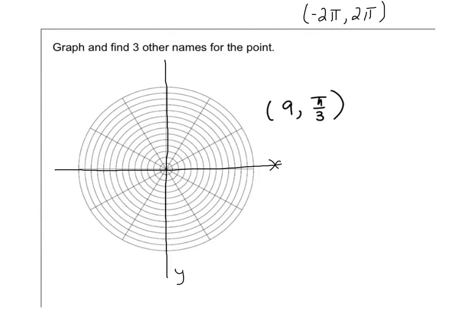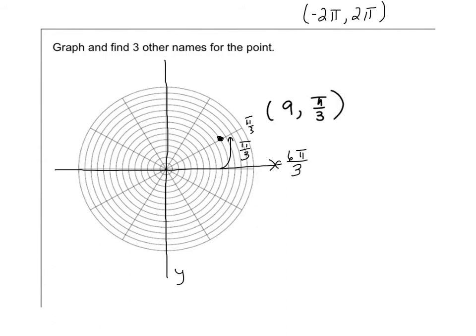So we would find pi over 3, which is out here, first quadrant, and then I would go out 9. 1, 2, 3, 4, 5, 6, 7, 8, 9, which is approximately here. All right, so this angle right here is pi over 3. Well, all the way around a circle, in thirds, is going to be 6 pi over 3. All right, so I want to name it another way.